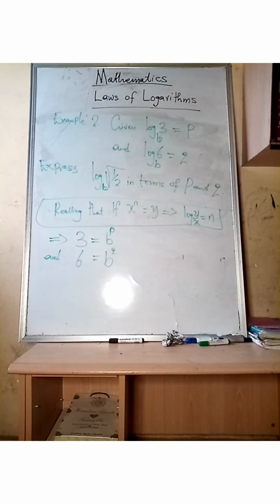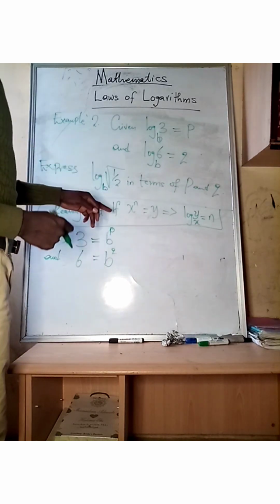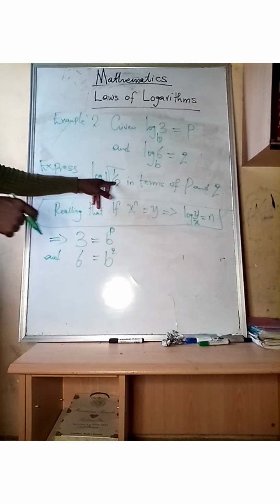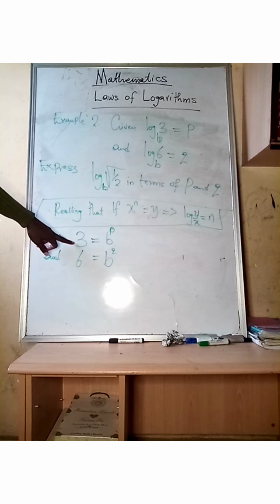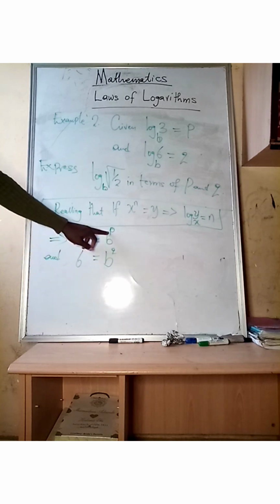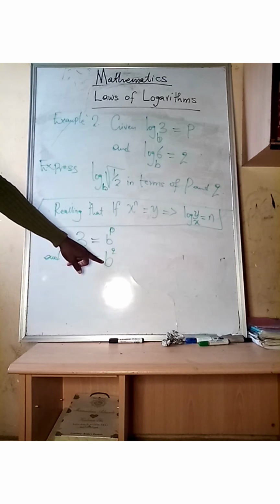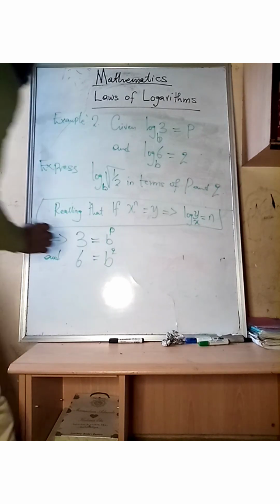So if we decide to divide 3 by 6, because what we have in this presentation suggests to us that we are supposed to have 1 over 2, so I am suggesting that we have both in powers of b. So we can answer.